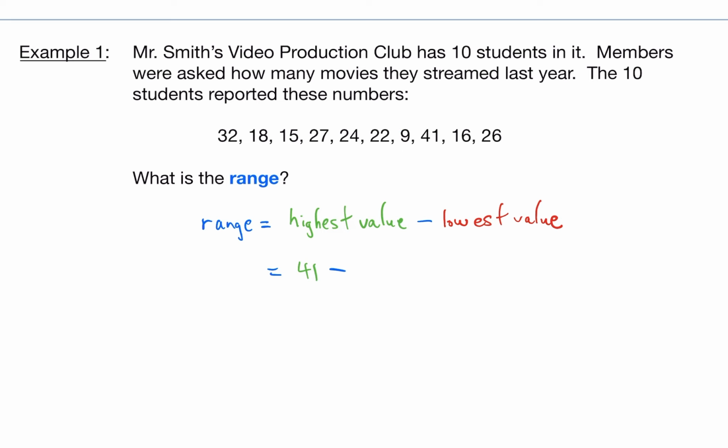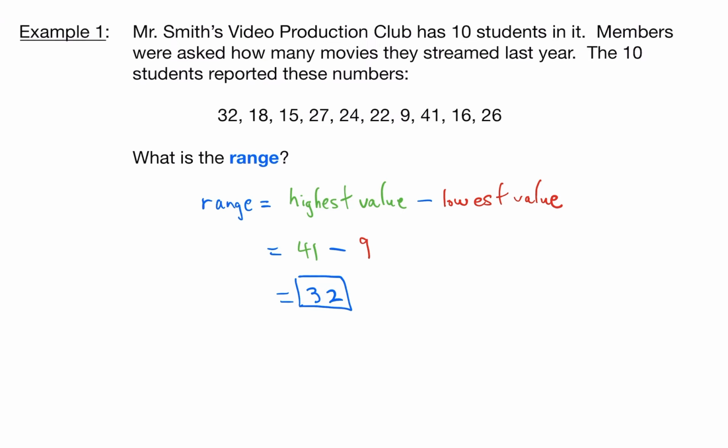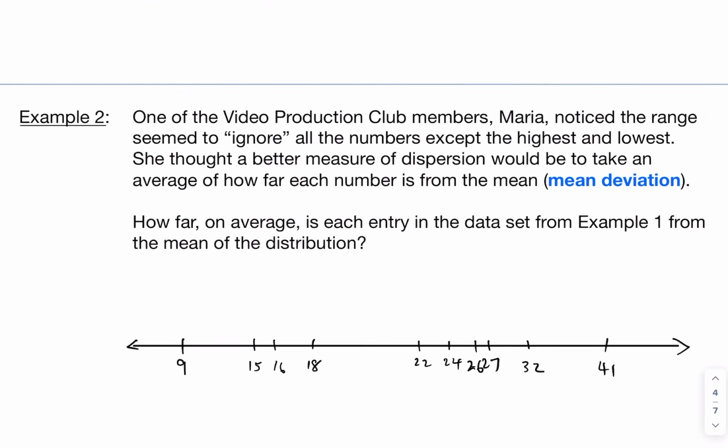So it's 41 minus 9, and that works out to 32. So that is our range of data. That gives you an idea of the dispersion, or the spread of the data, but that's not the only measure of dispersion. So let's take a look at the next example.